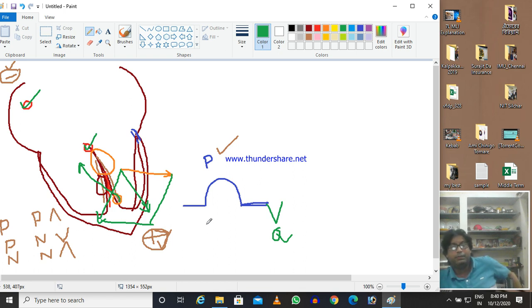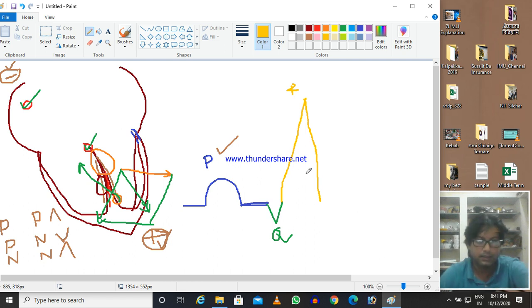So the depolarization wave of the ventricle happens very fast, and the resultant is towards the positive electrode. So a positive wave going towards the positive electrode generates a positive deflection. This is called the R wave.